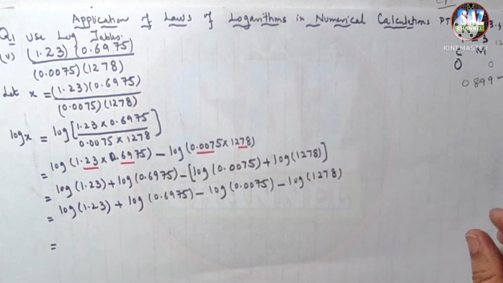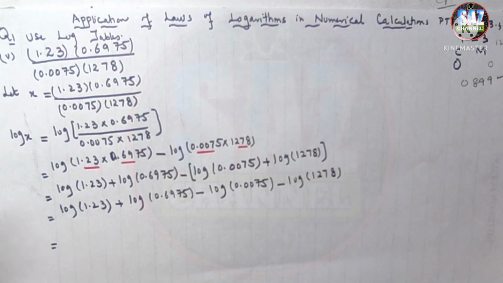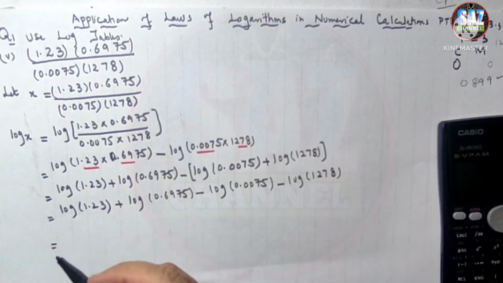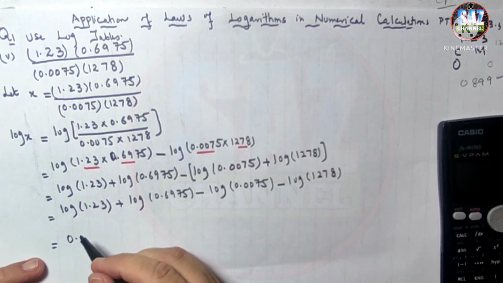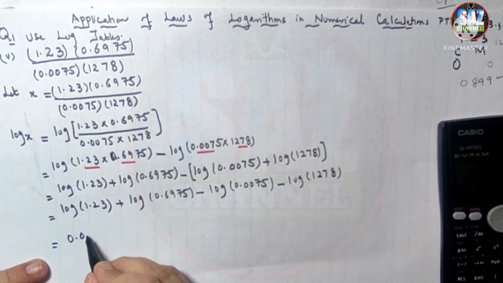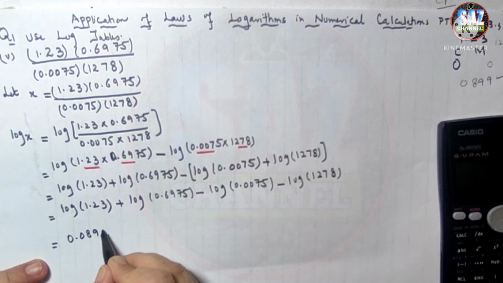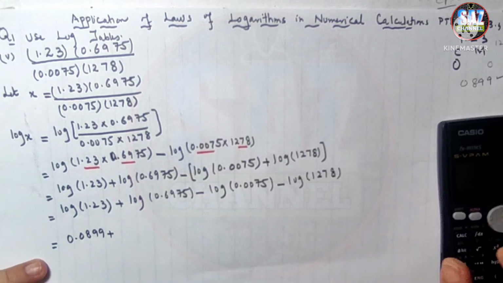So the log of this part of the question will become 0.0899, and now the second part.